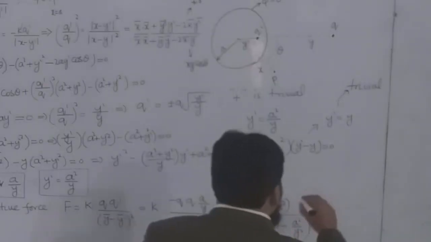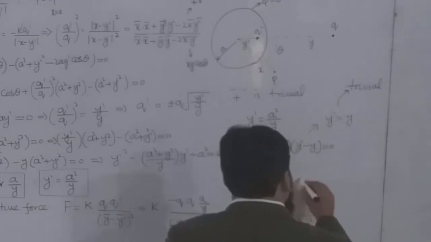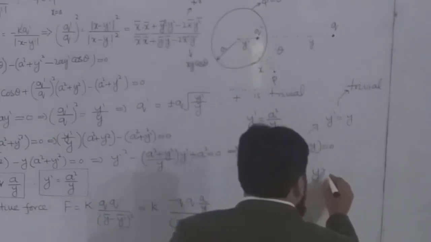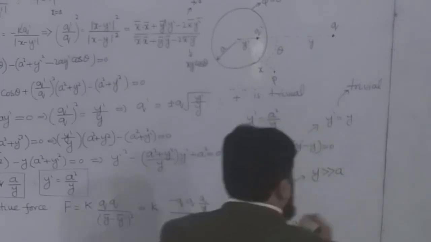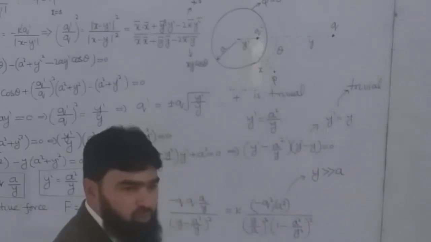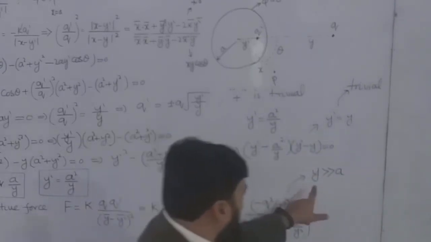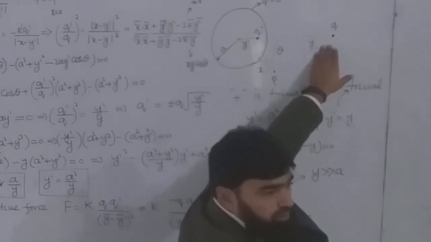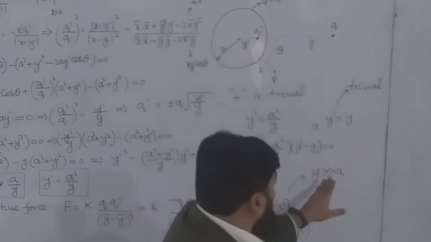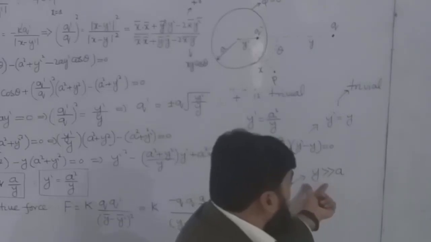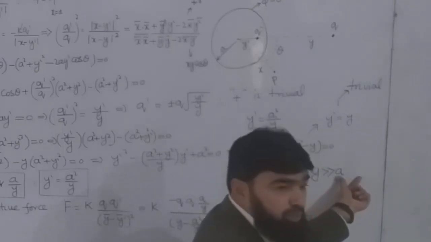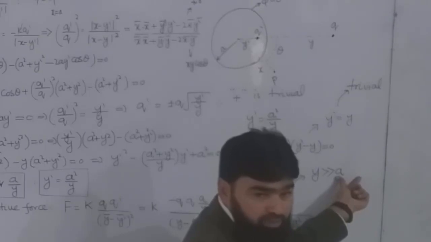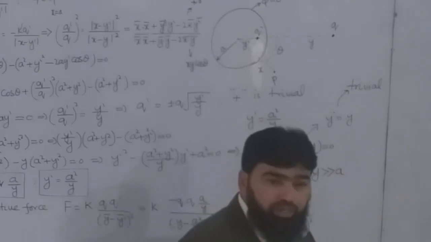Okay. What will happen to this one when y will be very, very greater than a? What is y? Y is your source distance. If your source will be much, much far away compared to the radius of the sphere, right?